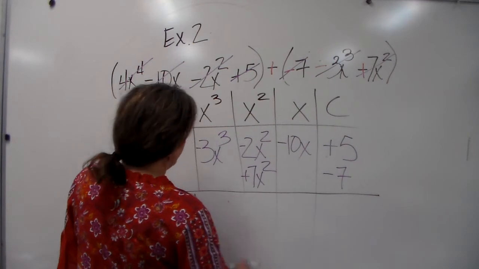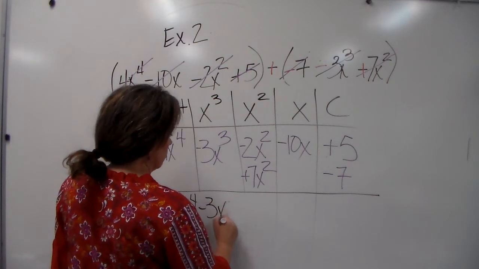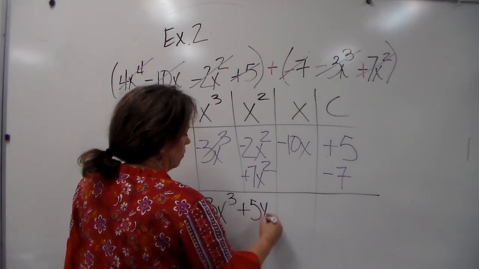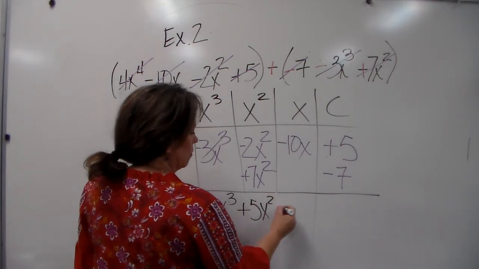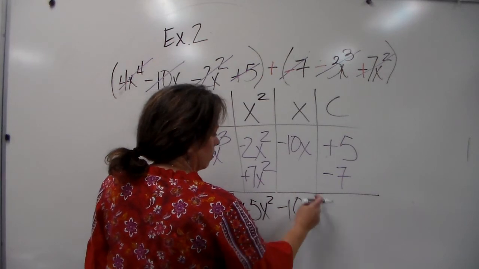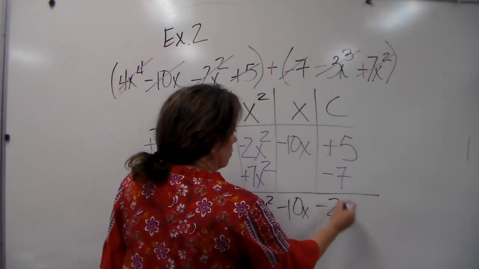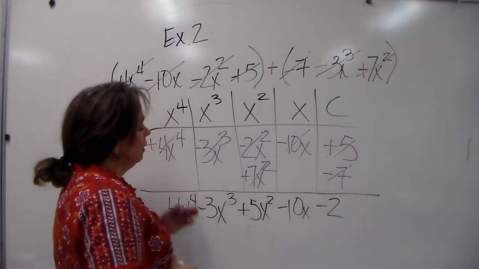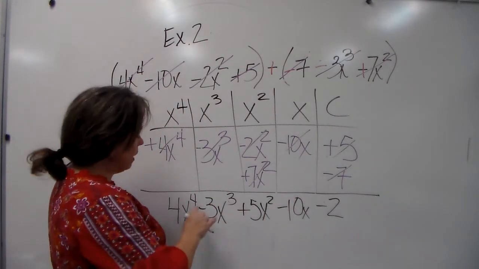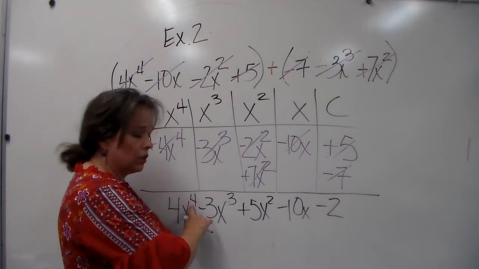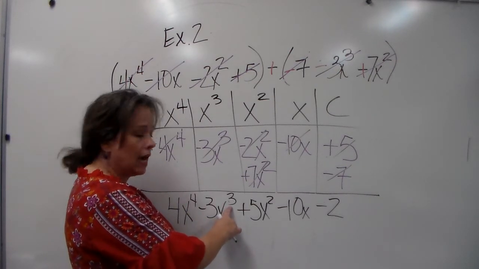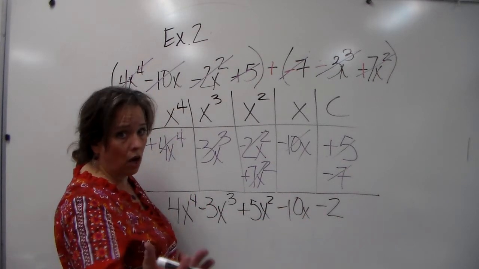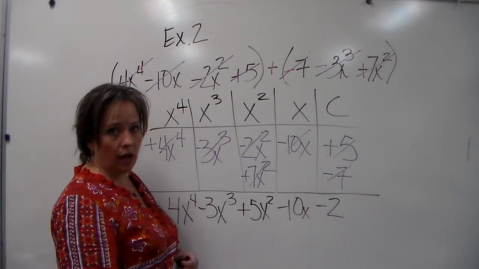Okay? And again, standard form being our highest exponent first, followed by our next highest, and so forth, all the way to the end, or our constant that doesn't have a variable.